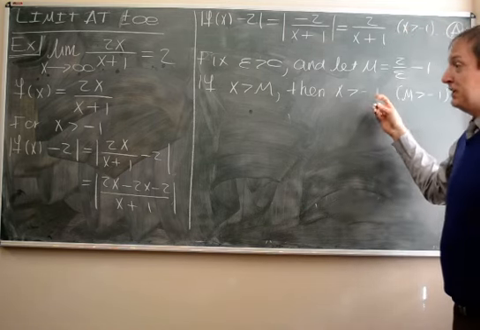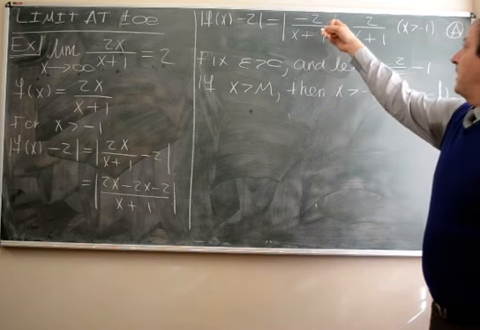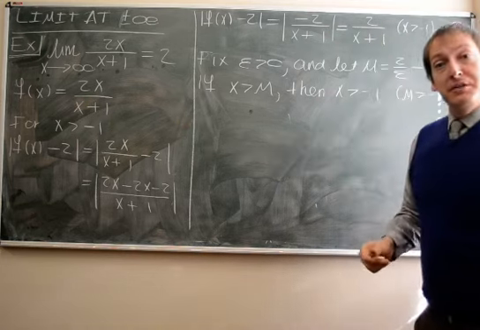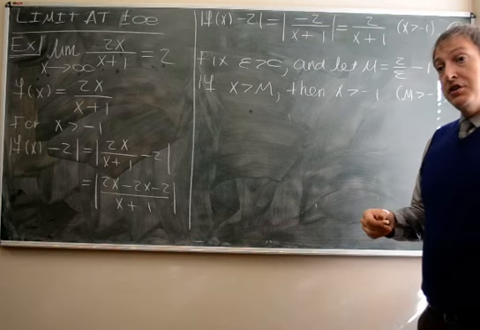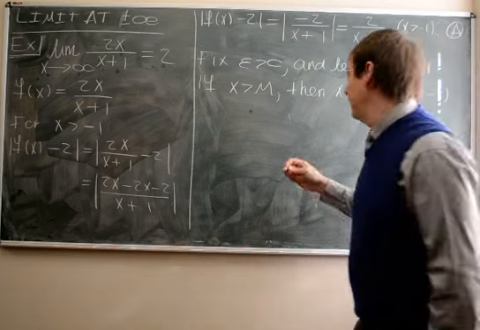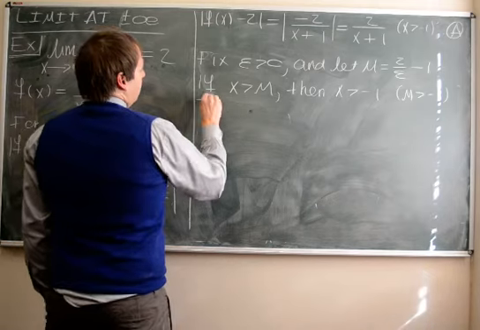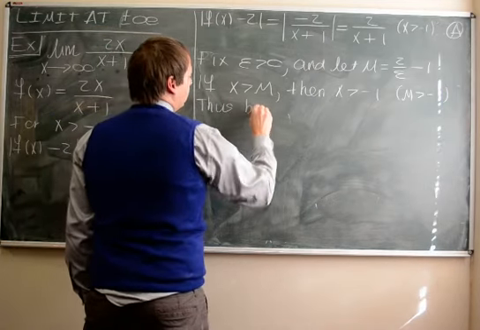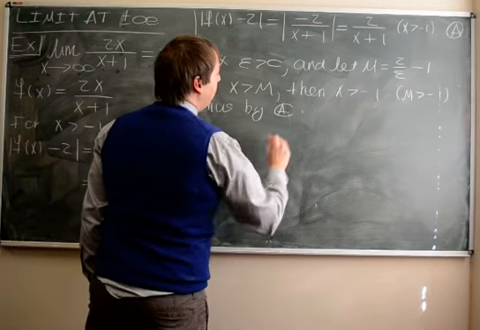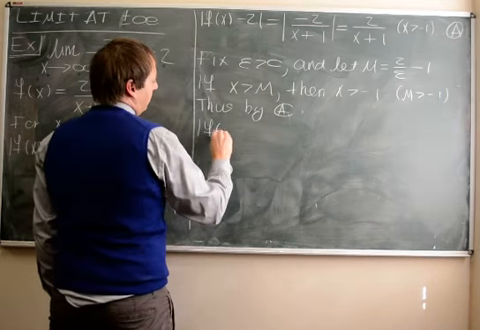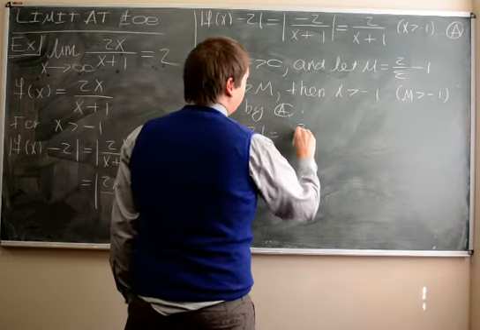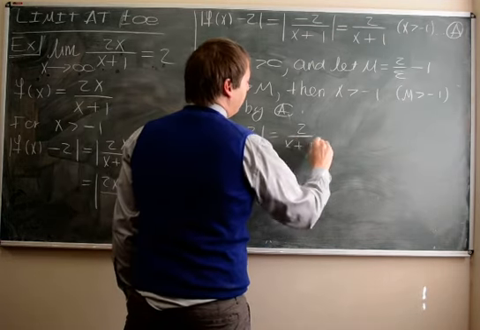Now why do we need that? Because remember, in deriving this equation, we assumed that x was bigger than minus 1. So we have to show that we can use this equation. Because x is bigger than minus 1, by A we see that f of x minus 2 is 2 over x plus 1.